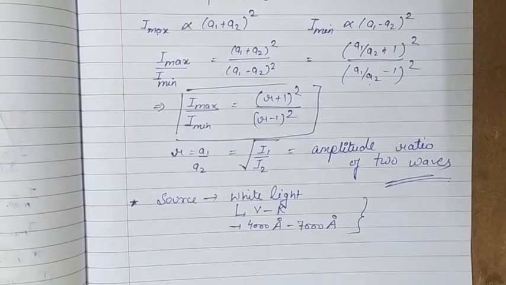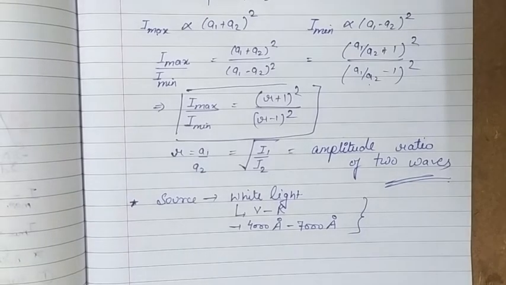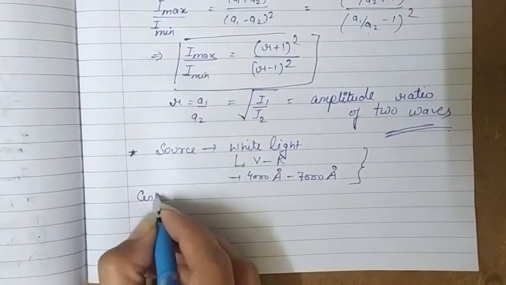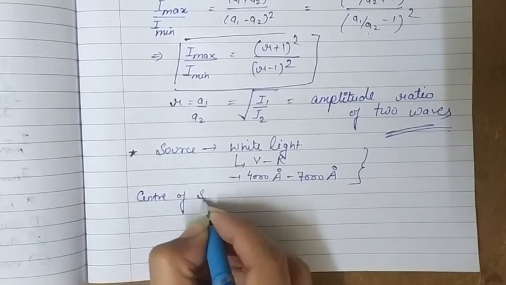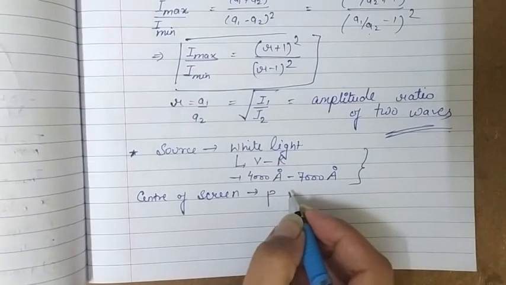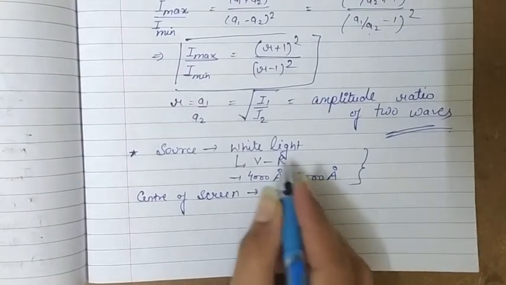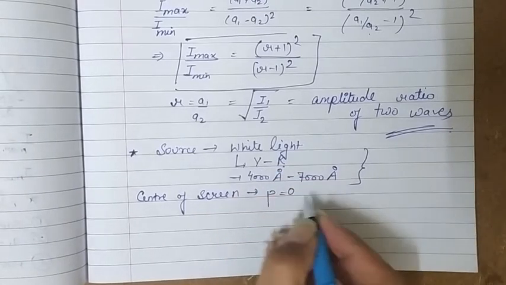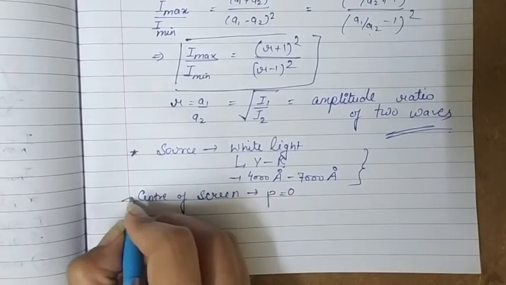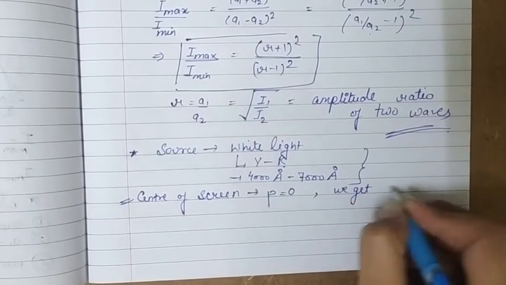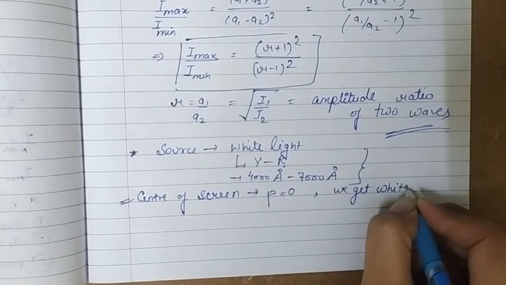But at the center of the screen, the path difference is 0 for all these components, starting from violet to red. So at the center of the screen we get a white fringe.